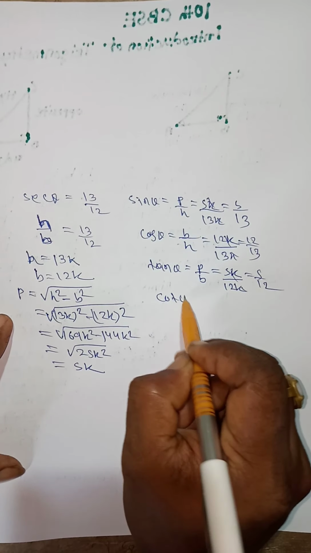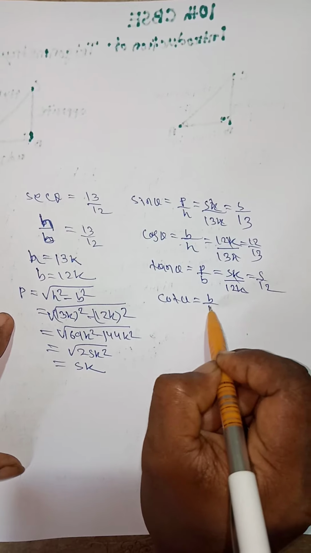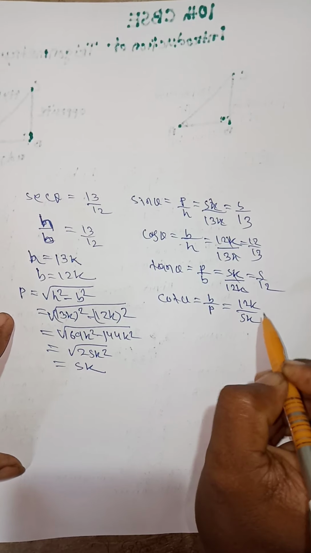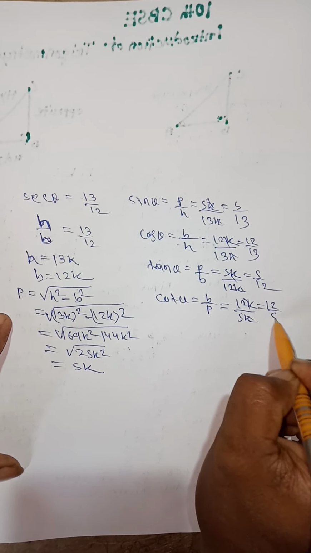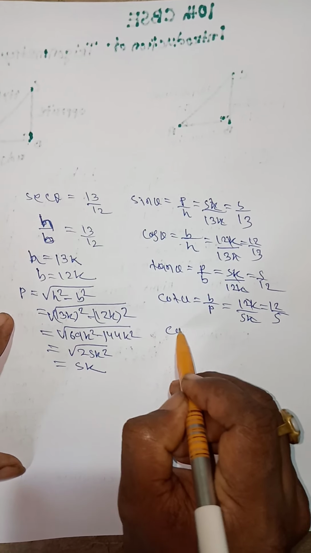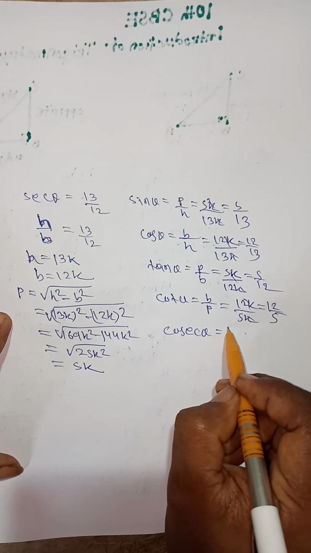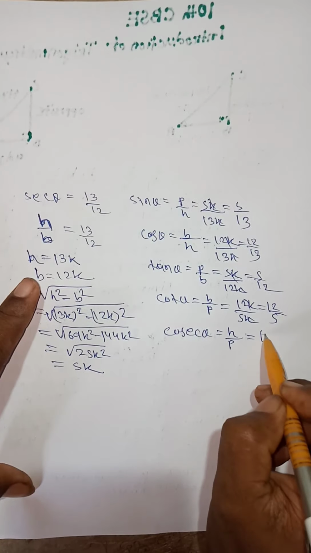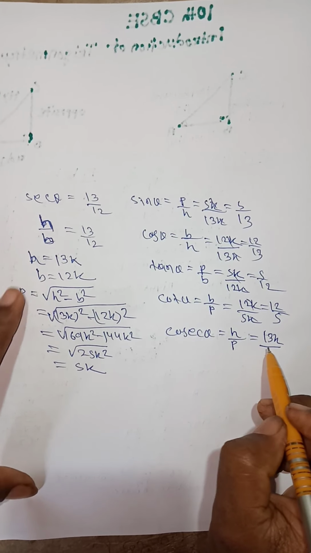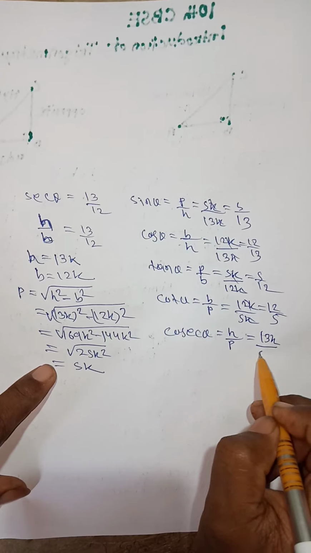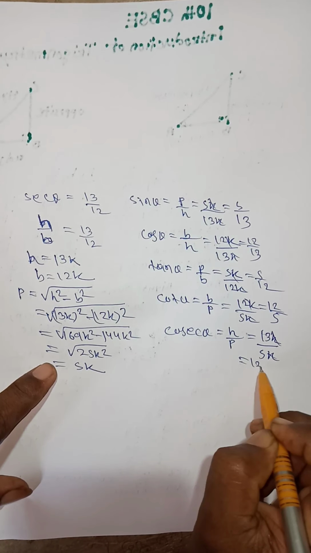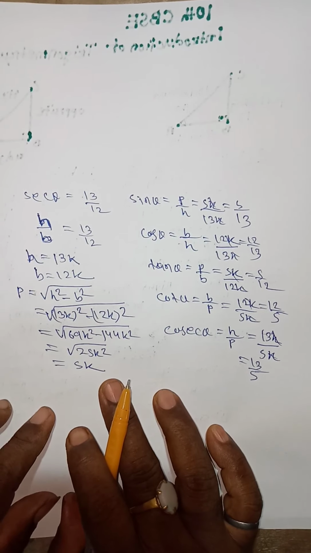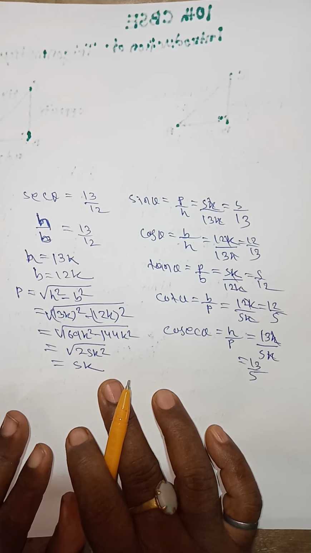And cot theta is B by P, which means 12K by 5K equal to 12 by 5. Then cosec theta equal to H by P, H value 13K by P value 5K, 13 by 5. So if one ratio is given, you can find the other 5 ratios in this process.